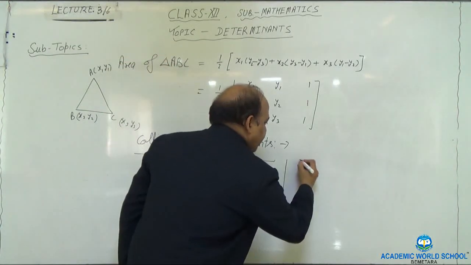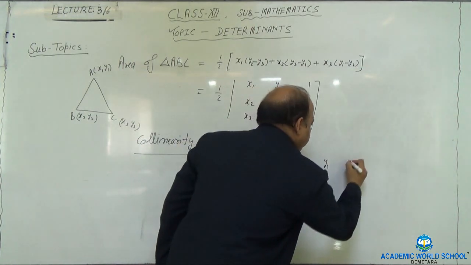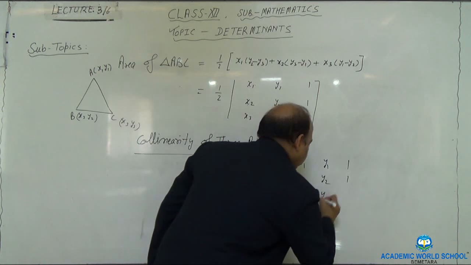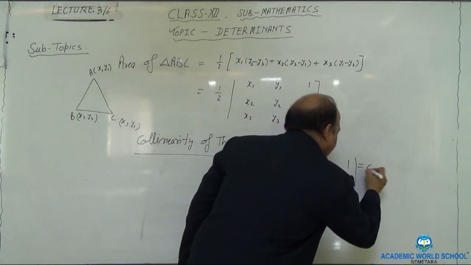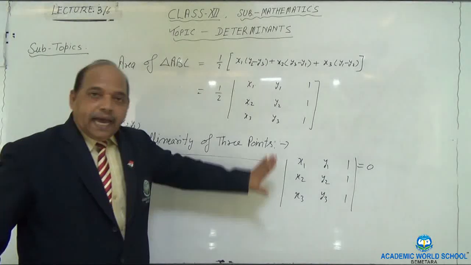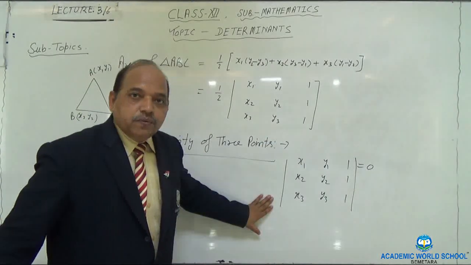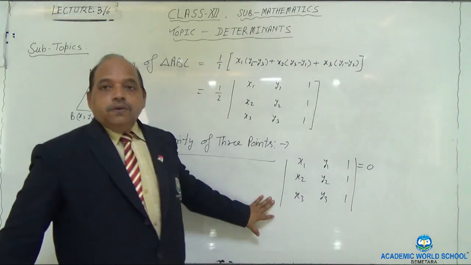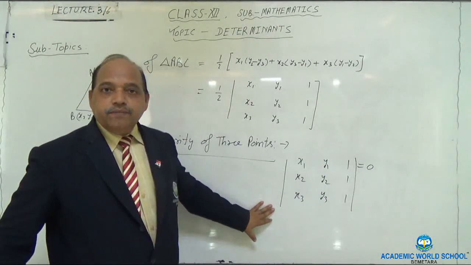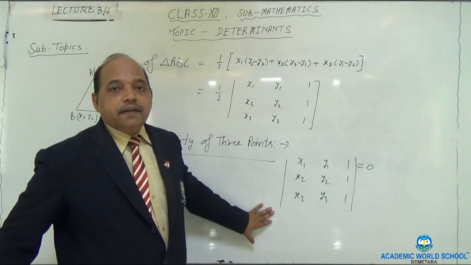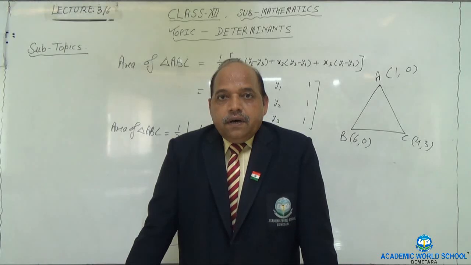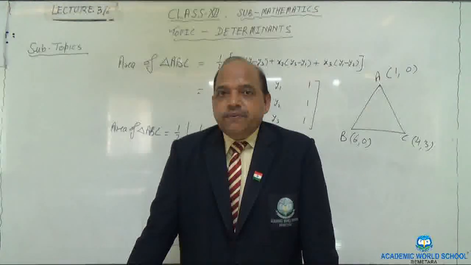It means that the determinant x1, y1, 1, x2, y2, 1, x3, y3, 1 becomes 0. This is the condition for collinearity. As long as this is equal to 0, you can say that these 3 points A, B and C are collinear.